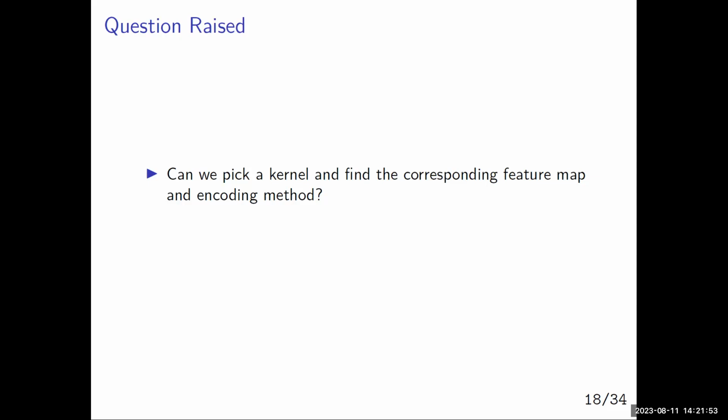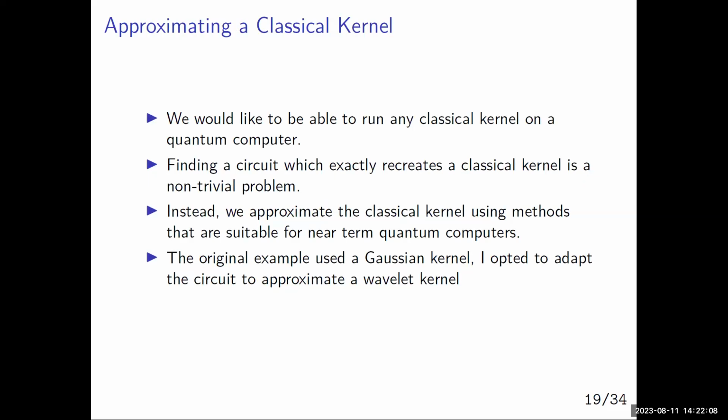So initially I tried to start with the Gaussian kernel and do that process in reverse to try and find an encoding method that would exactly implement the Gaussian kernel. And it turns out that that is a very non-trivial task. So instead, we're going to approximate any classical kernel on a quantum computer using what we've learned here.